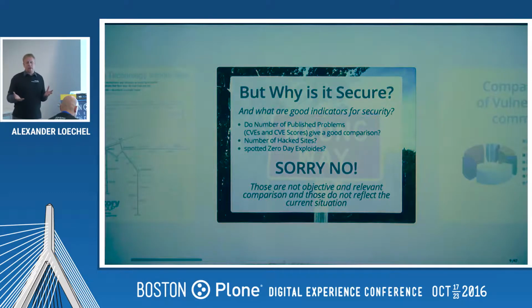The number of hacked sites. Well, is that really a comparison? It is a matter of the admins to keep their systems secured. You can even have WordPress, of which there are thousands of hacked sites out there, so secured that nobody hacks it.